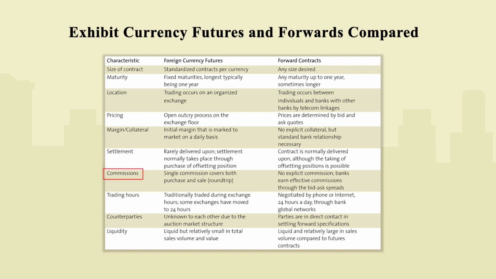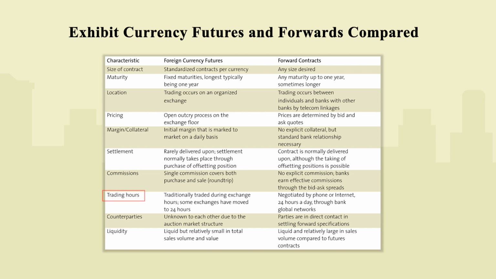From the aspect of commissions, in futures trading, the customer needs to pay a commission for both purchase and sale to brokers or brokerage companies, while in forward trading, there's no commission. In both types of trading, there exist bid-ask spread costs.